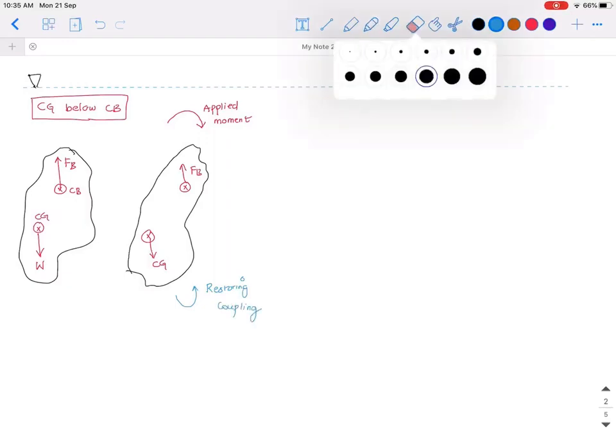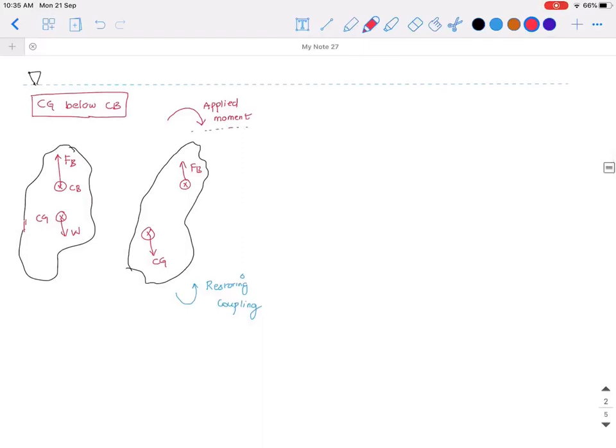Just to make it more precise, and for easier understanding, let me draw the center of gravity and center of buoyancy on the same lines. So we have taken a body that is initially in equilibrium. We applied a moment in this direction. As a result, the body tilts. The center of buoyancy and the center of gravity will not change for a body completely submerged.